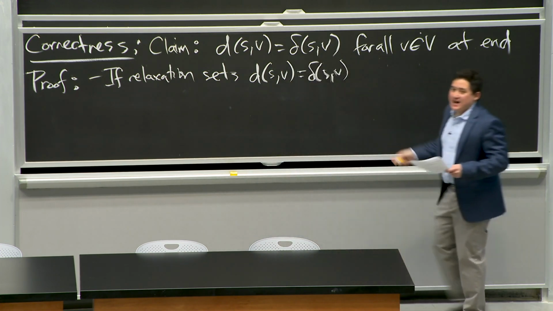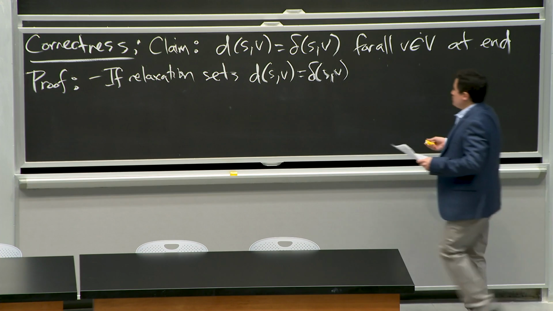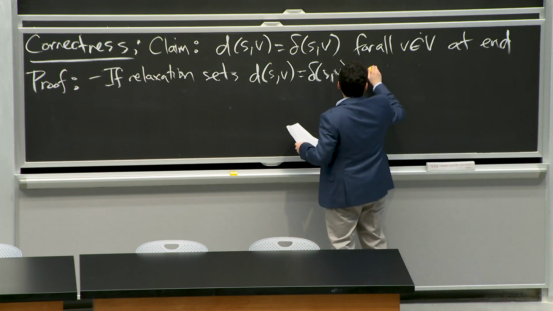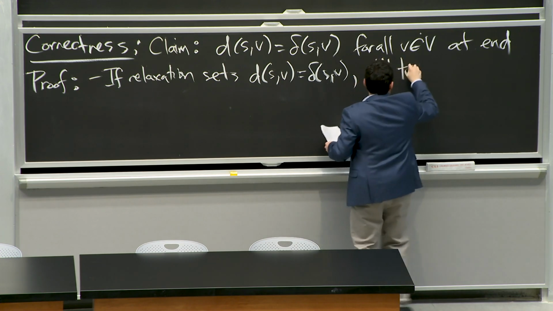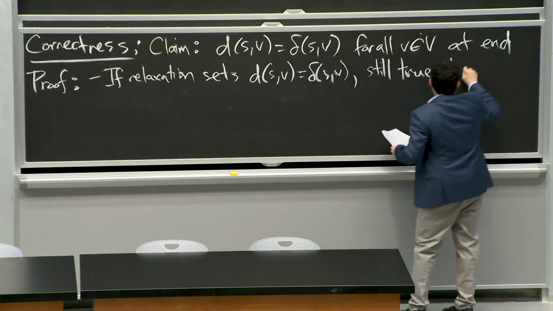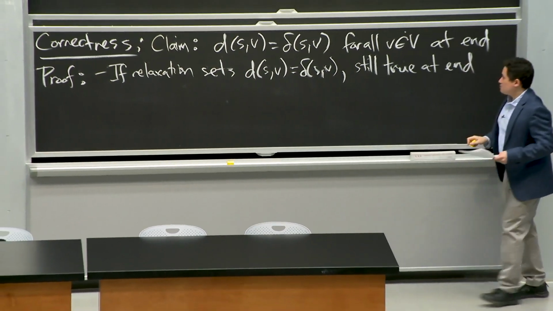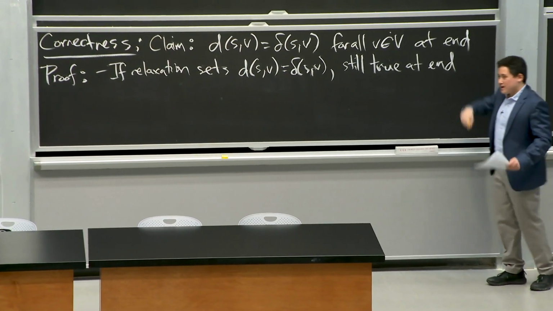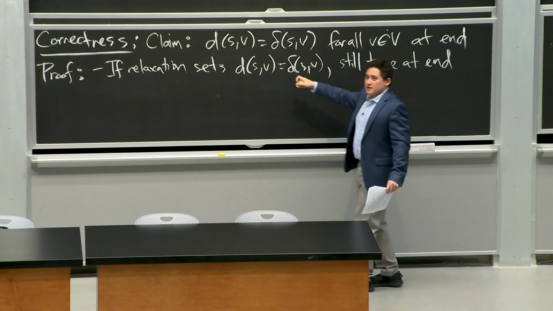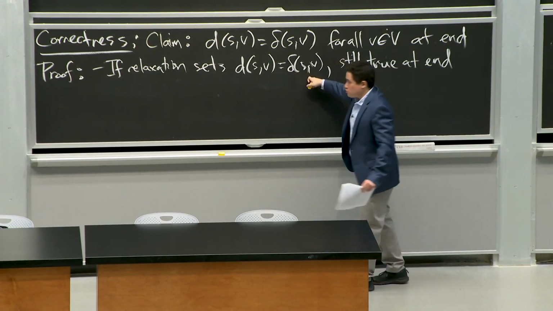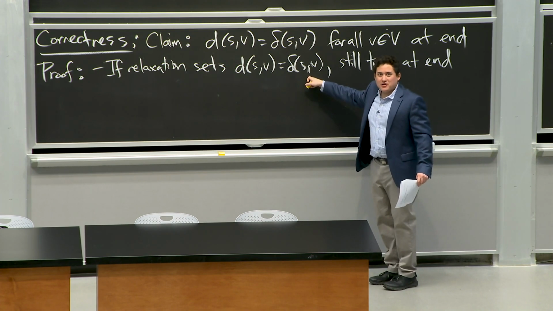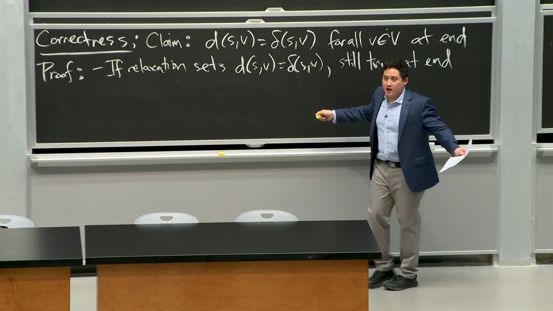If it ever does that, I argue to you that this is still true at the end. Okay, that's not a very strong statement, right? This is saying if I ever set the distance estimate to the true distance, I'm never going to set it to a different value later on.